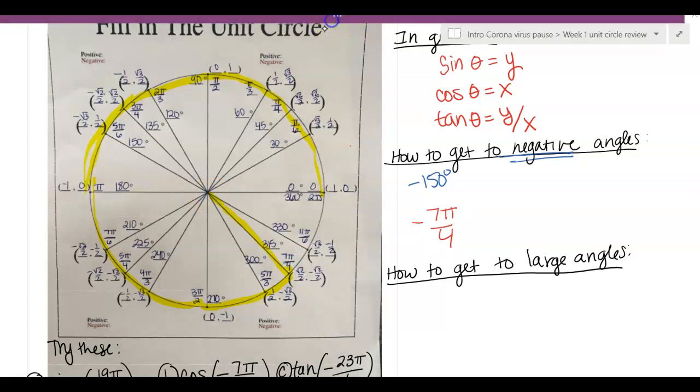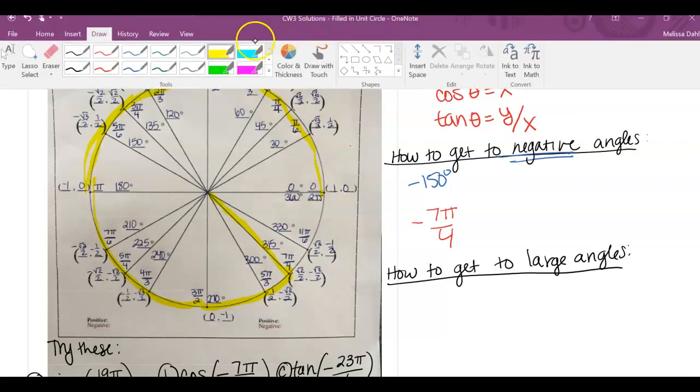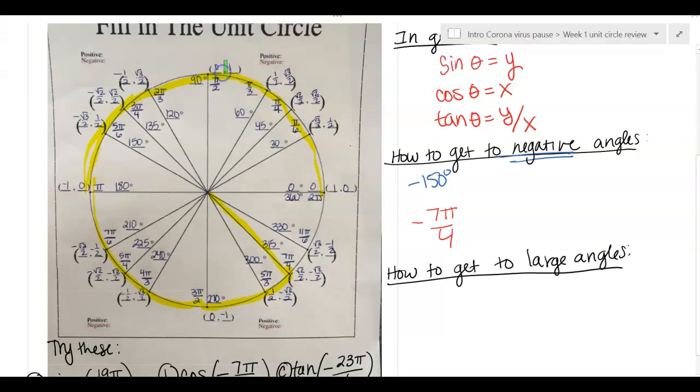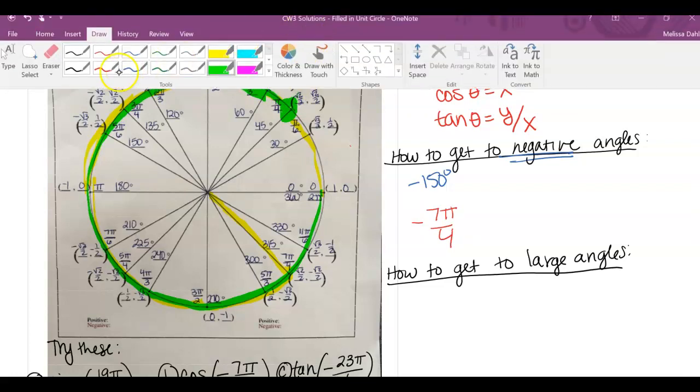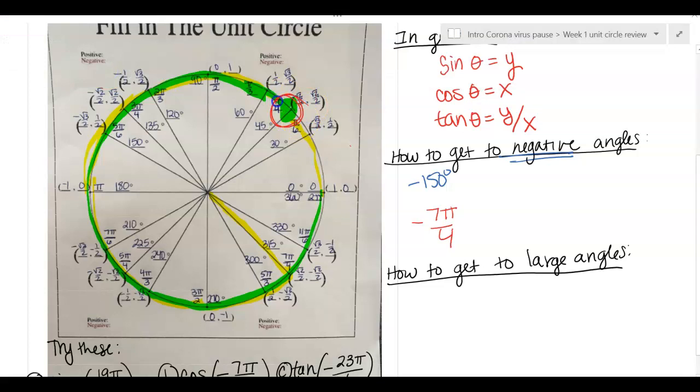So that's kind of what I would take note of, like the last position before I finish the whole circle. And so if I went this way, I would do all the quadrants, and then I'd stop at that 45 degree position in that last quadrant before I finish the circle. So this position is coterminal with or lands in the same place as 7 pi over 4, which is that pi over 4. Okay. All right.